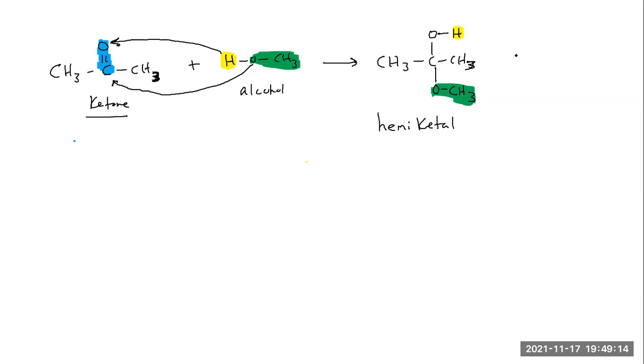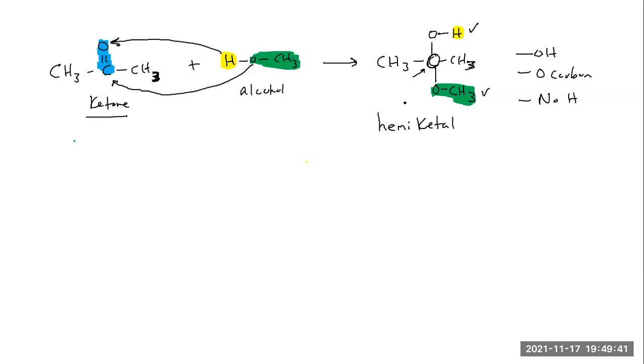It has an OH group, which is here. It has an oxygen carbon group, which is on the bottom. And how we know it comes from a ketone rather than an aldehyde is that there's no hydrogen on that carbon.